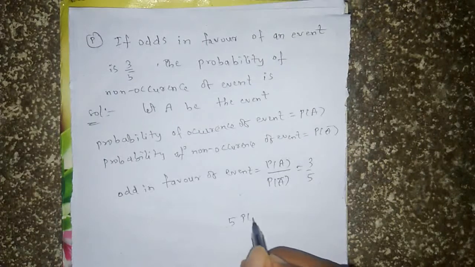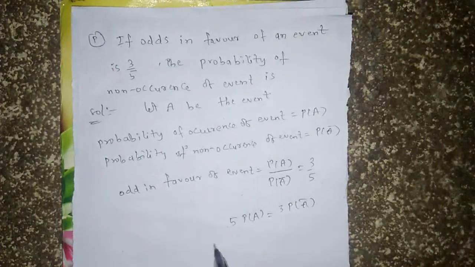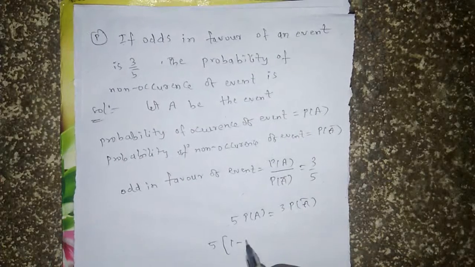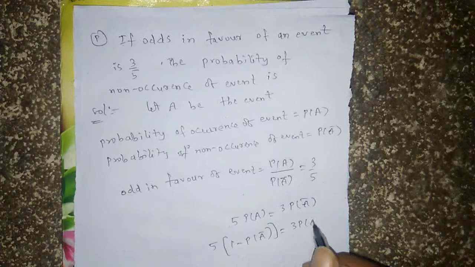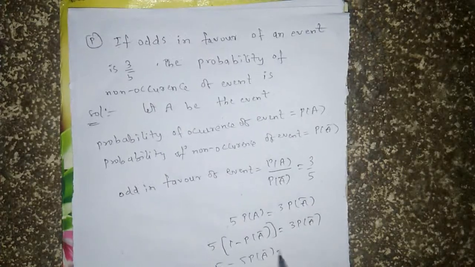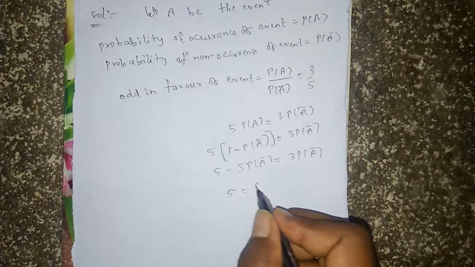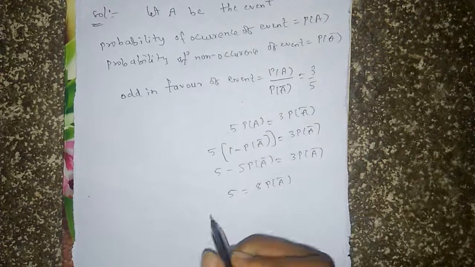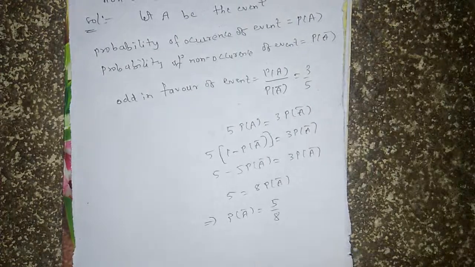So here 5 P of A is equal to 3 P of A bar, cross multiplied. Now P of A can be written as 1 minus P of A bar, so 5 times (1 minus P of A bar) is equal to 3 into P of A bar. This is 5 minus 5 into P of A bar is equal to 3 into P of A bar, that is 5 is equal to 5 plus 3, that is 8 into P of A bar, implies P of A bar is equal to 5 by 8.